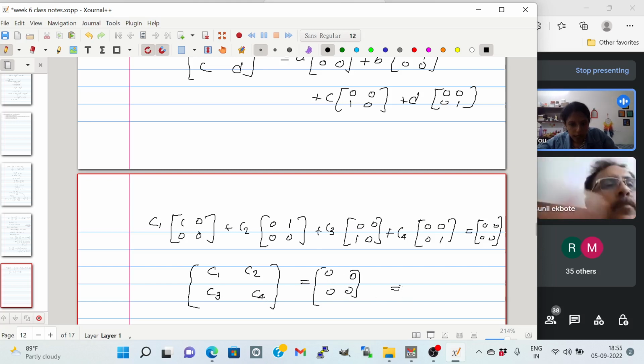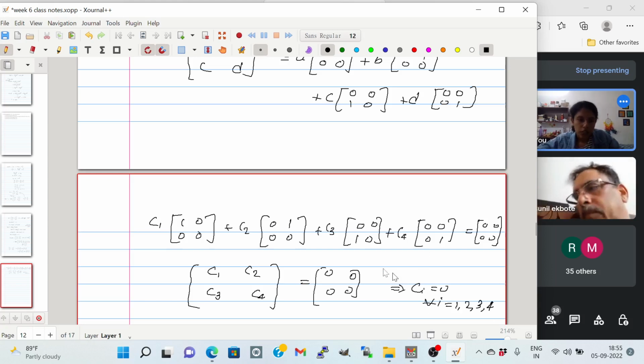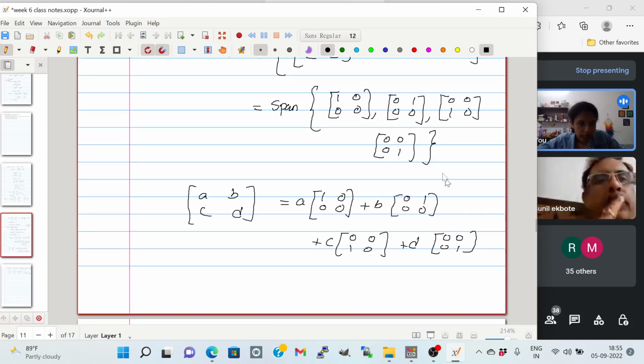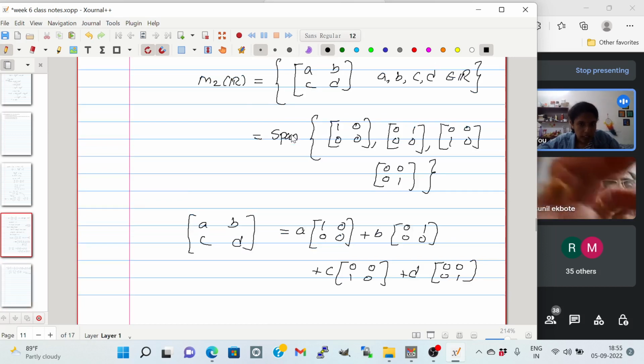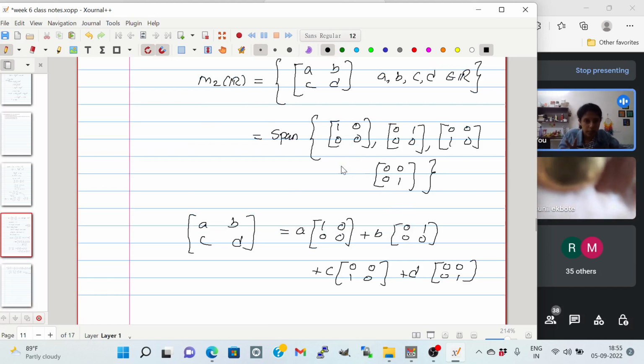That implies Ci equals 0 for all i equals 1, 2, 3, 4. So this condition ensures this is a linearly independent set which spans the whole M2 of R. So we got a basis.